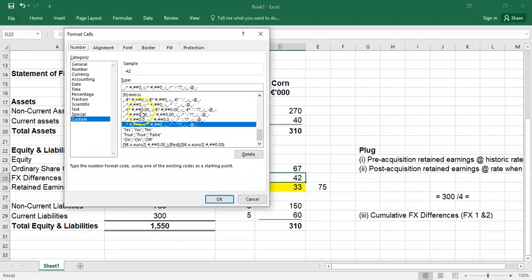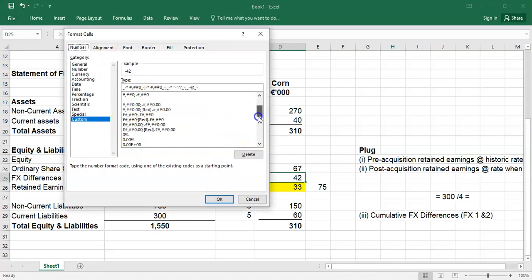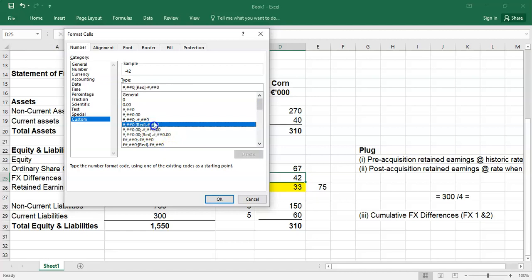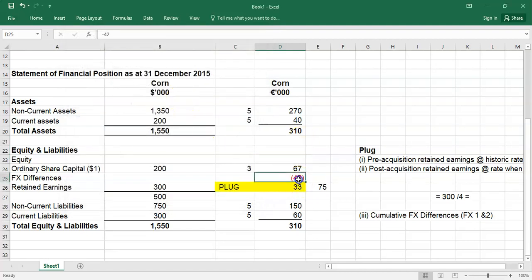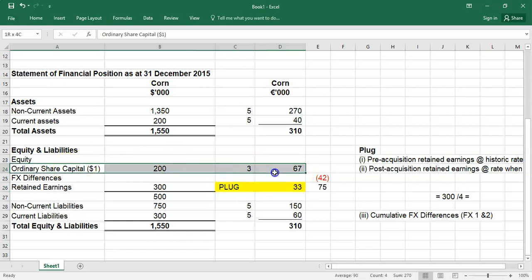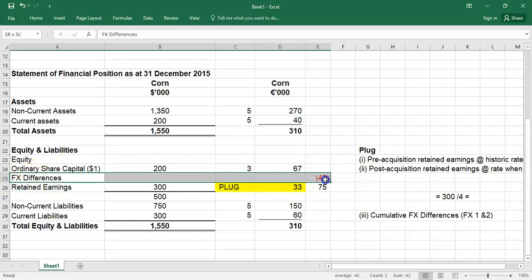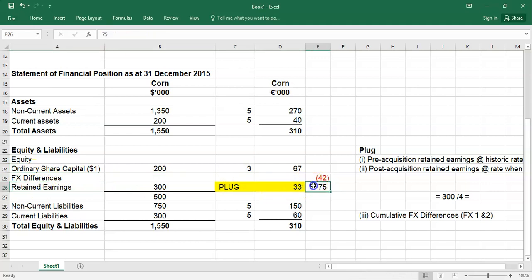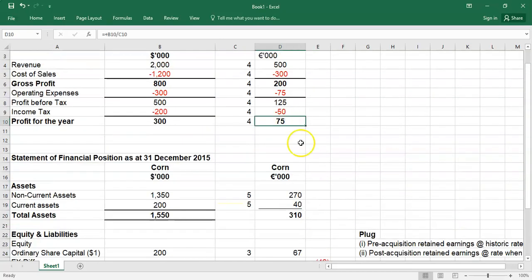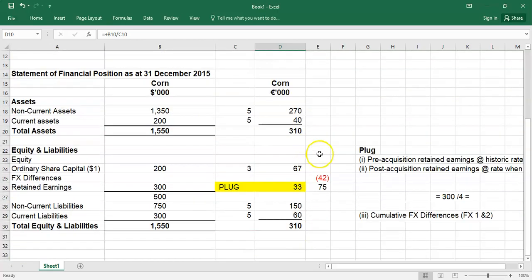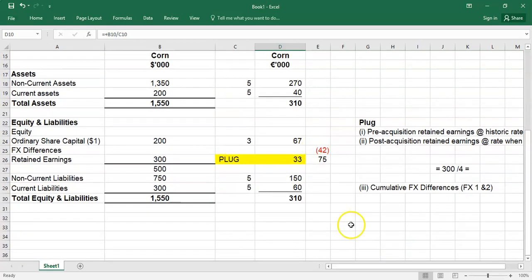And I'll just tidy that up so it's obvious that that's a minus. So that's the way it's going to be presented now. Instead of having that minus the 33 as a plug, that's only a temporary working. It'd actually be shown ordinary share capital 67, FX differences minus 42, retained earnings 75. So that retained earnings matches the retained earnings up here. That's only because it's a simple 1 year post acquisition. But we'll finish the P&L in a second as well.